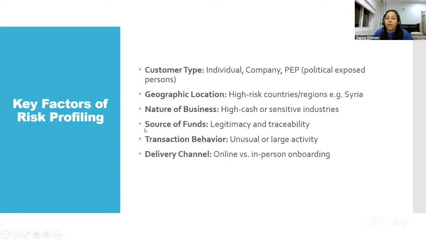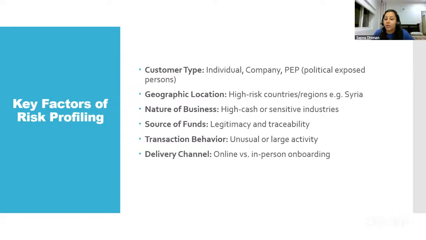Then it depends on the nature of business. If a business is in a high cash sensitive industry, like crypto, then it is highly sensitive, so high risk will be there.